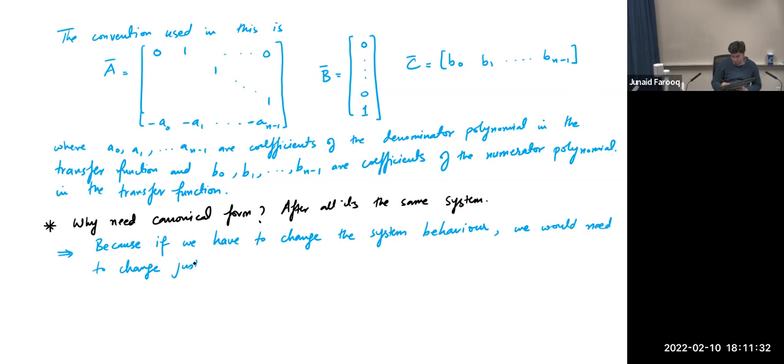Just one row of the matrix A in a canonical form.